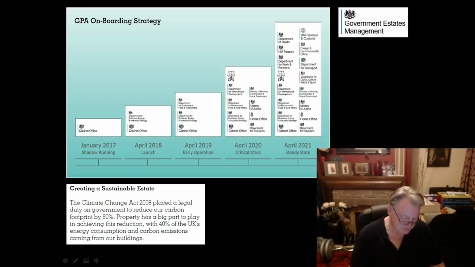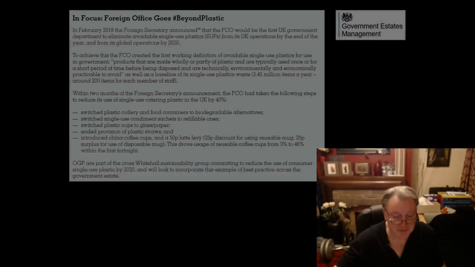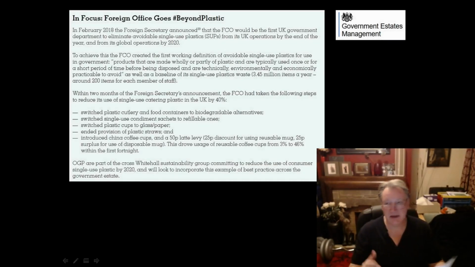Anyway, so remember, Foreign Commonwealth Office, not until 2021, and yet they combine something to do with an estate strategy and onboarding the Foreign Commonwealth Office, which I don't know. The in focus part, tying it in with their carbon emission crap.